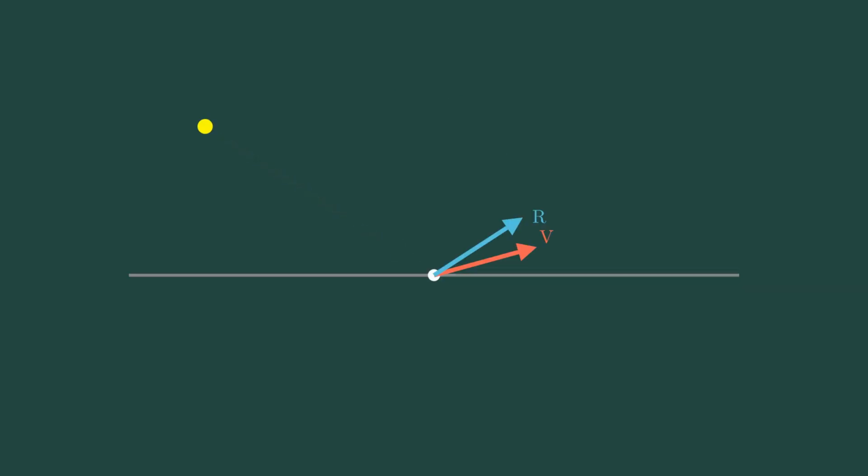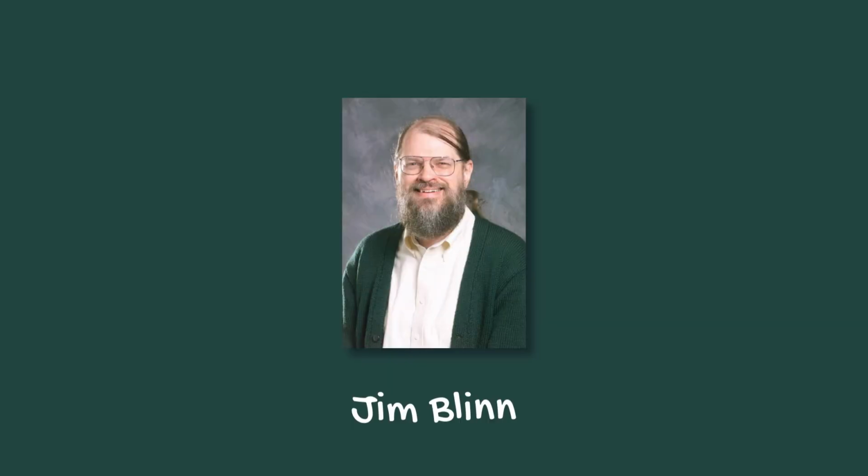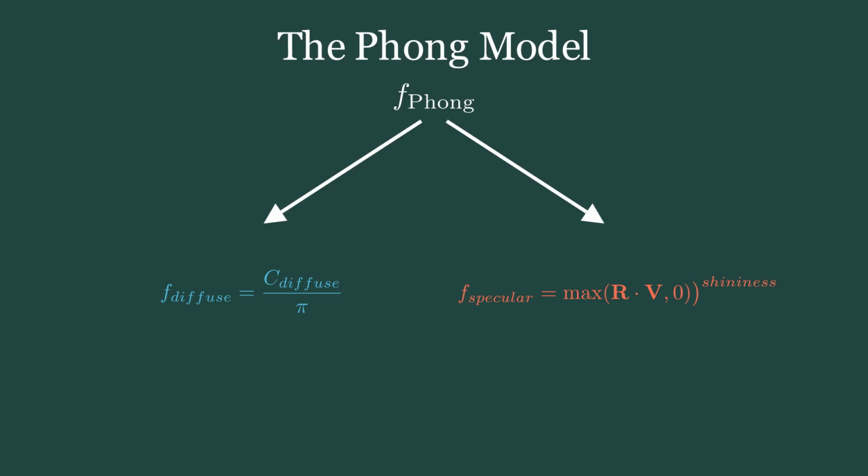And since the normal vector is the halfway vector between the reflected vector and the incoming light vector, we can calculate the halfway vector between the view direction and the incoming light vector, and then calculate the dot product between the normal vector and the halfway vector to get the amount of the specular highlight. This optimization was introduced by Jim Blinn in 1977, which gave us the most used lighting model in games and CG, with the name of the Blinn-Phong model.